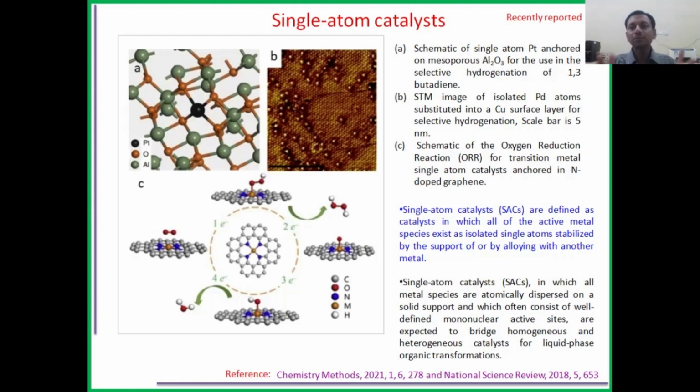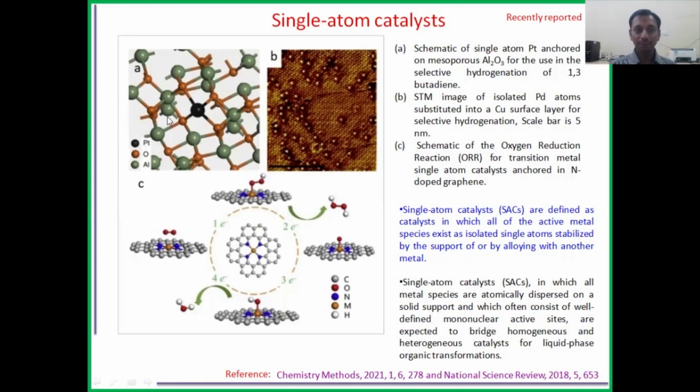So we can use mixed metal also on the support, but it is an isolated single atom on the support. So this system is known as a single atom catalyst, in which all metal species are atomically dispersed on a solid support. So this is a very good approach in the present era.